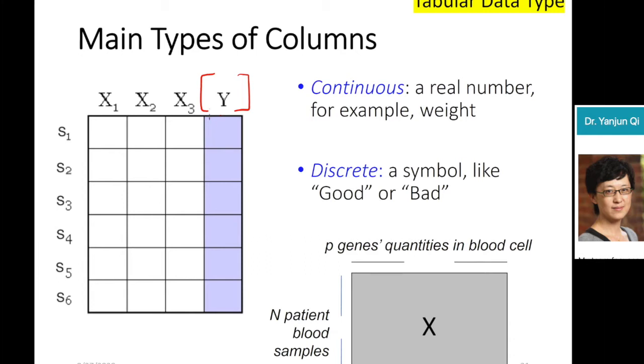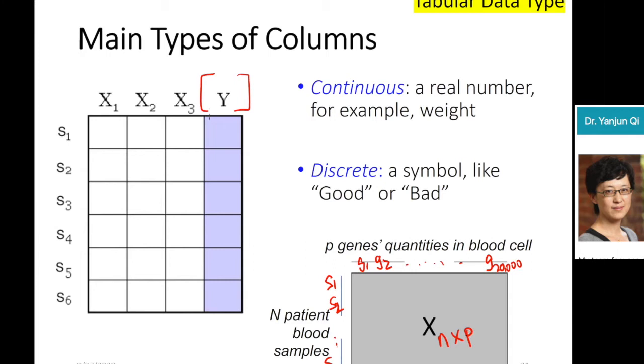So you can have G1 gene, G2 gene, many different genes, maybe in the human case, G20,000. And the number of patients is normally very much smaller than that 20,000 or 30,000. So we normally call this type of matrix n times p. N means the number of samples, p means the number of features.